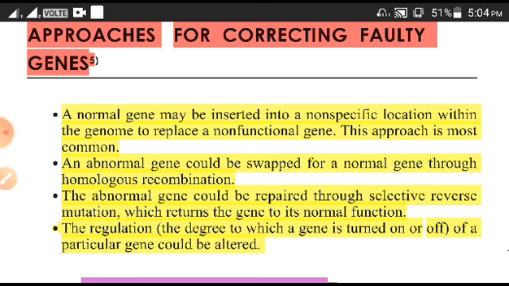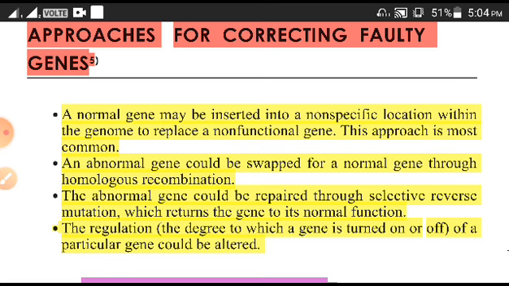Second, an abnormal gene could be swapped for a normal gene through homologous recombination. So this is another approach, a kind of swapping or interchange. Next, the abnormal gene could be repaired through selective reverse mutation, which returns the gene to its normal function.